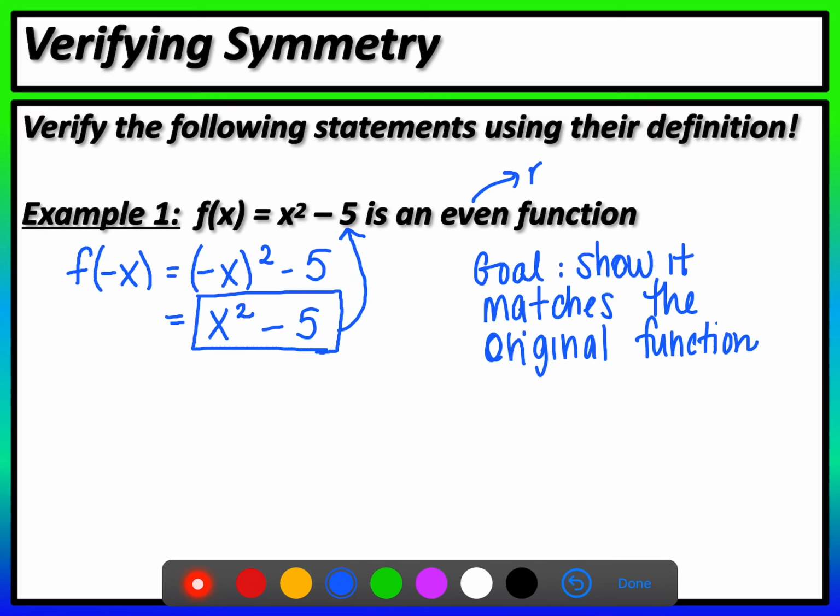So I'm using the test for even right now. Even is replace with negative x. So I plugged in for negative x and I matched it to my original function, all of the signs and everything. So this function I have just proved is even.